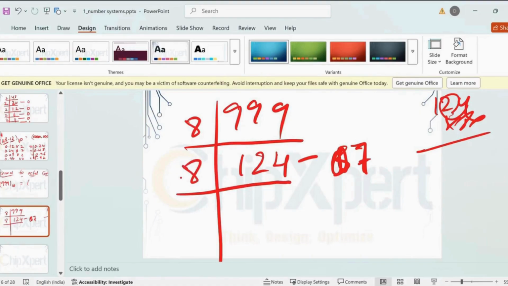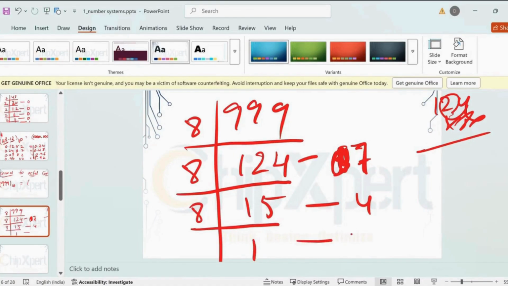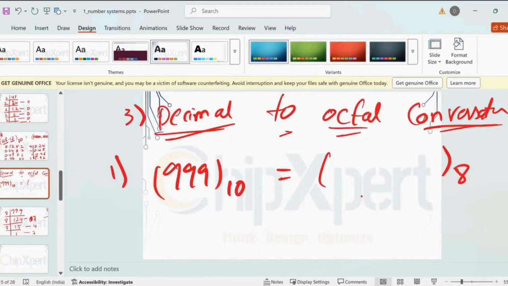Again, there is a possibility to divide your number. 124 divided by 8 goes 15 times, and the remainder is 4. Again it can be divided. 15 divided by 8 goes one time and the remainder is 7. So you got 1747 as the octal representation of your decimal number.